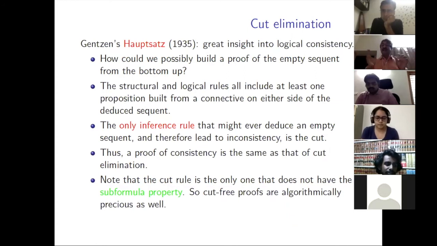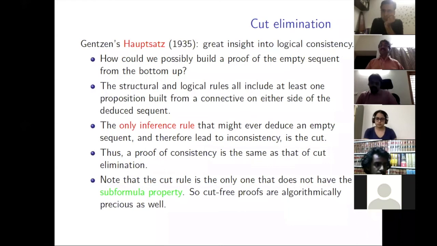Only the things that occur in the sequent below. The only rule that doesn't have the subformula property is the cut, because if you look at the thing below the line, there is no alpha at all. Alpha by magic appears on one side and disappears. So alpha is a formula of arbitrary length.